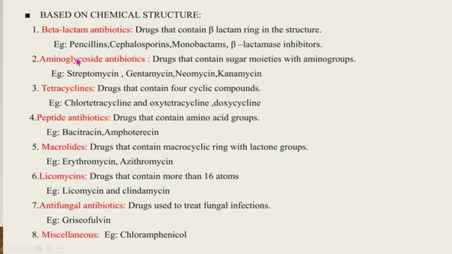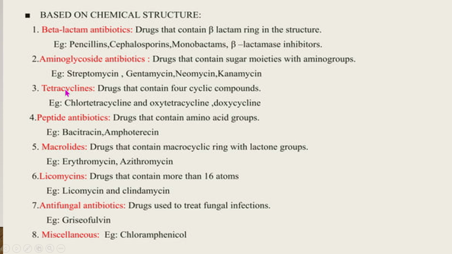Glycoside means a glucose molecule or sugar moieties are present. Drugs that contain sugar moieties attached to an amino group are categorized under the class aminoglycoside antibiotics. Examples of such antibiotics are streptomycin, gentamicin, neomycin and kanamycin.